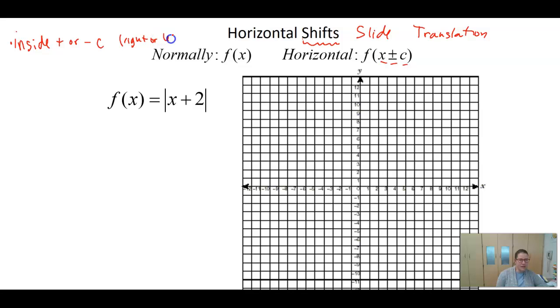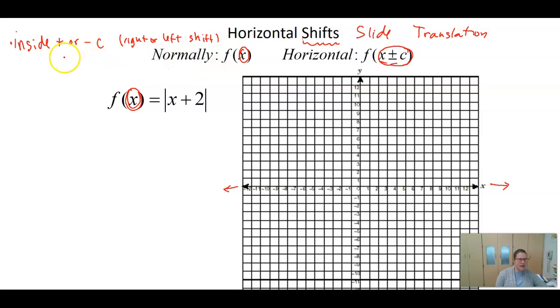So if that plus or minus happens on the inside with x, that's going to move things right or left, because that's where our x-axis is. Okay, so it's going to be a right or left shift if it's on the inside.